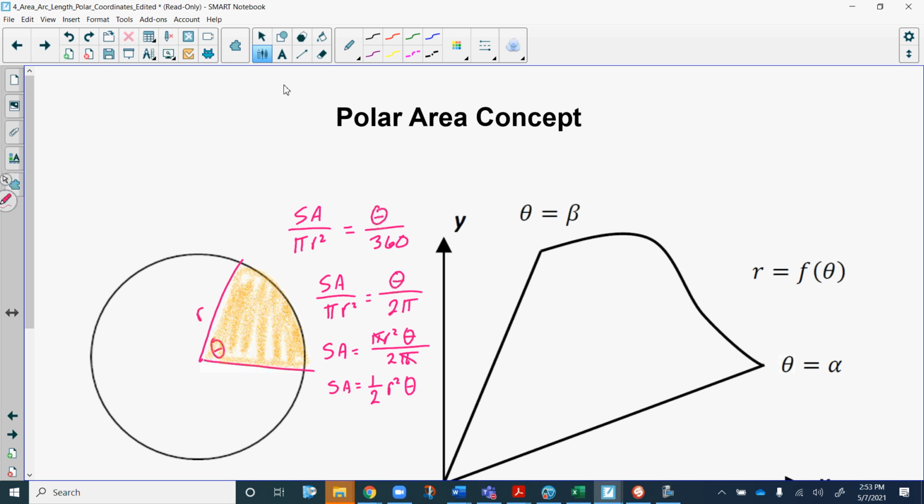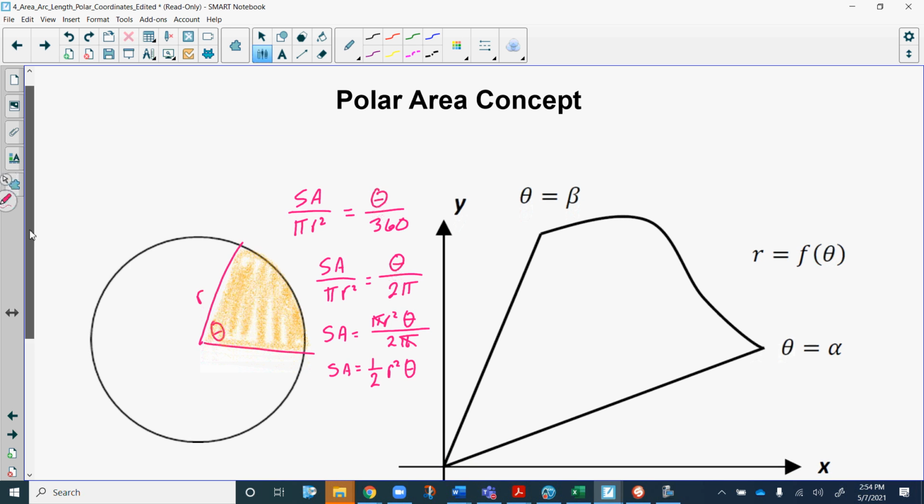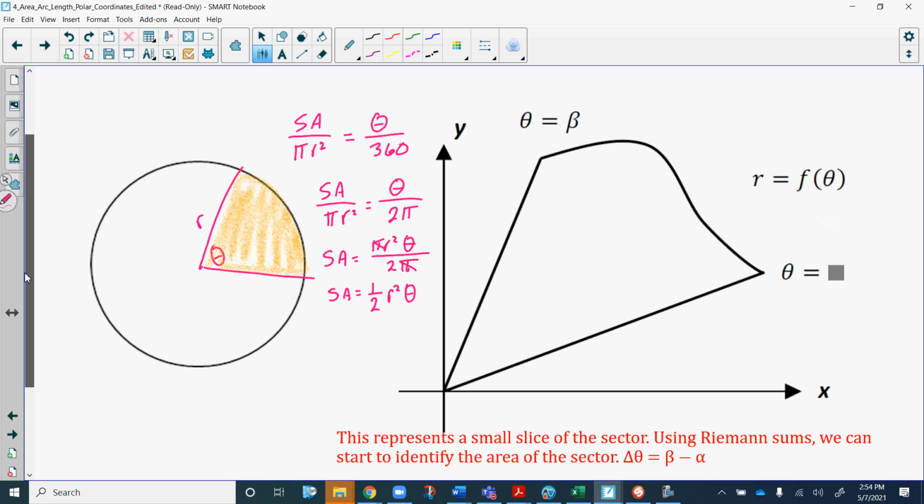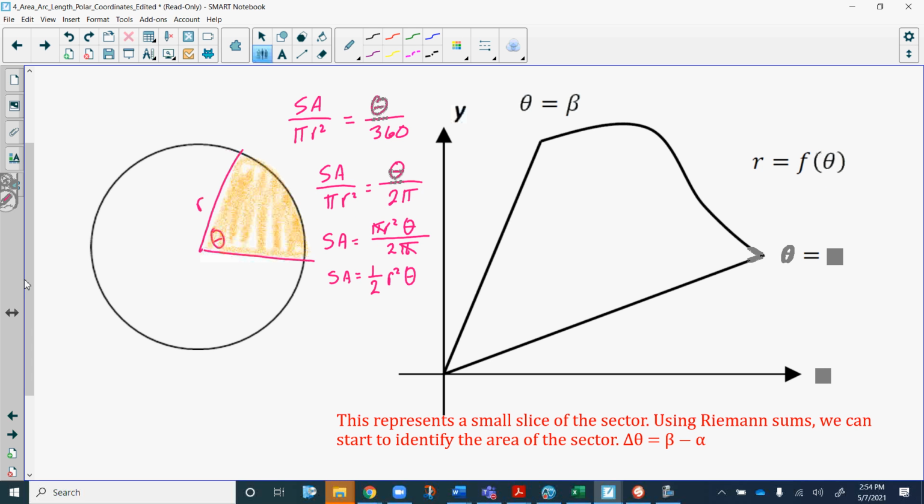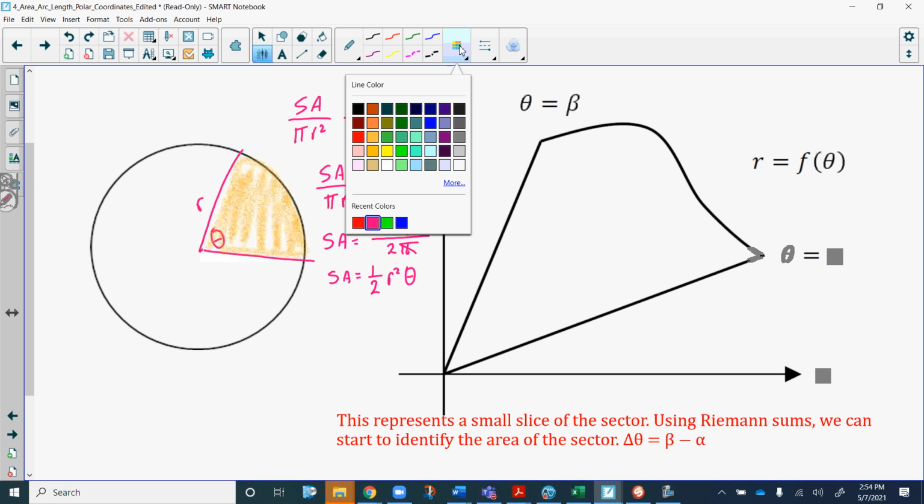Basically, we're going to use that idea to find the same thing, but now with calculus and polar functions as opposed to anything rectangular. I approached that idea similarly to what we have seen in other areas of this course.